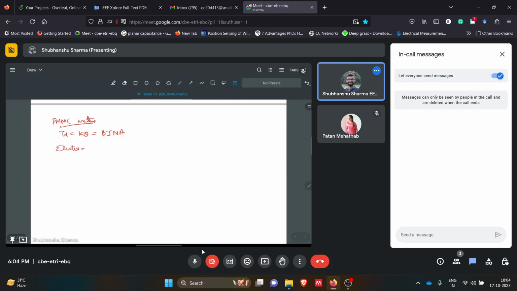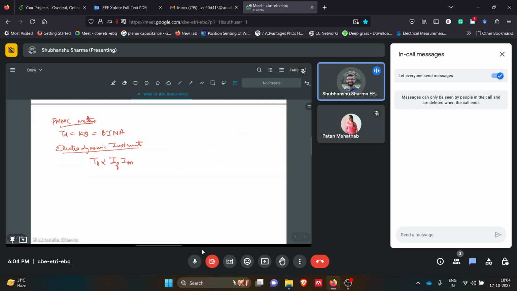Instead of permanent magnets, we had electrodynamic meters where we give some fixed current, and if you are measuring an unknown current, then it will deflect and the torque will be directly proportional to the fixed coil current and the moving coil current. So it will be proportional to the product of these two currents.